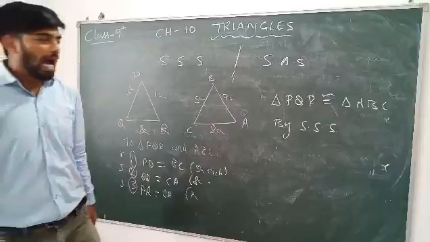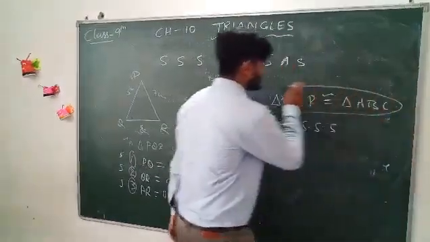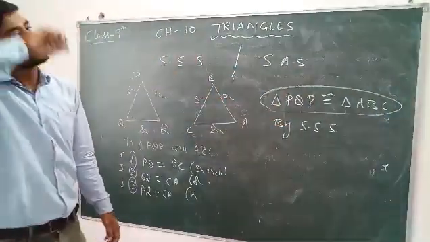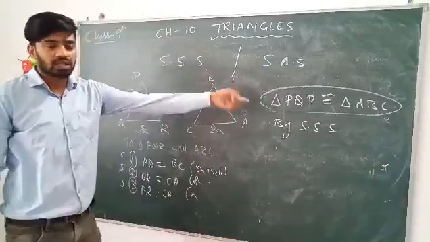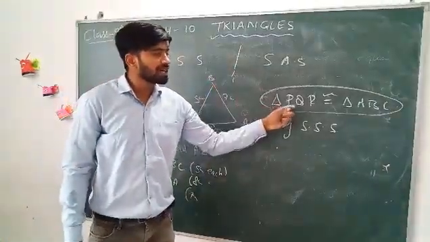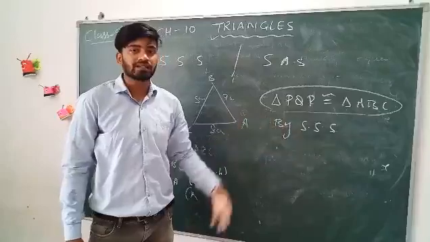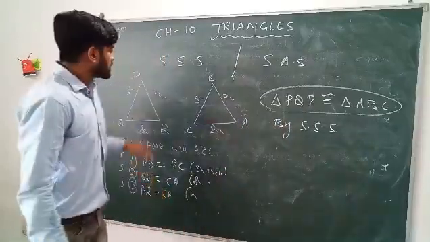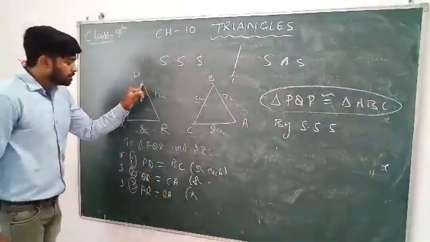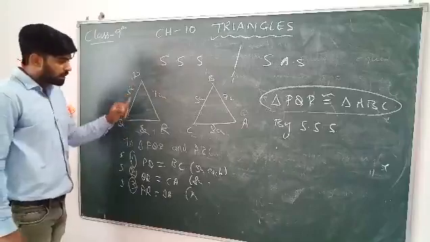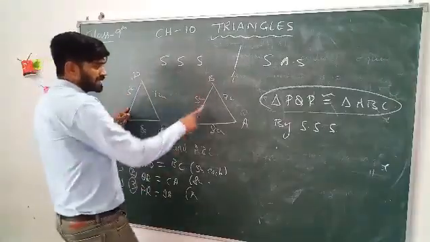But you know what? I'm wrong in writing this. That's not correct. 1 mark will be deducted for writing this. Why did I write this? Because if I'm talking about P, then PQ was equal to BC.